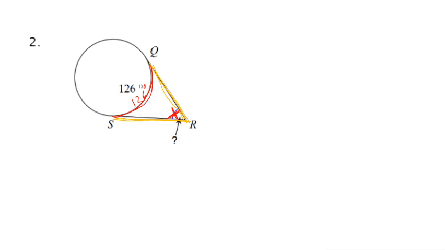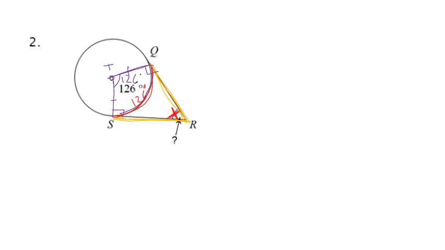I don't see a center to the circle, so I'm going to go ahead and add a center. And if I was to draw radii from the center to the points of tangency, it's actually going to make right angles. We also know that if this is 126, the central angle is 126.